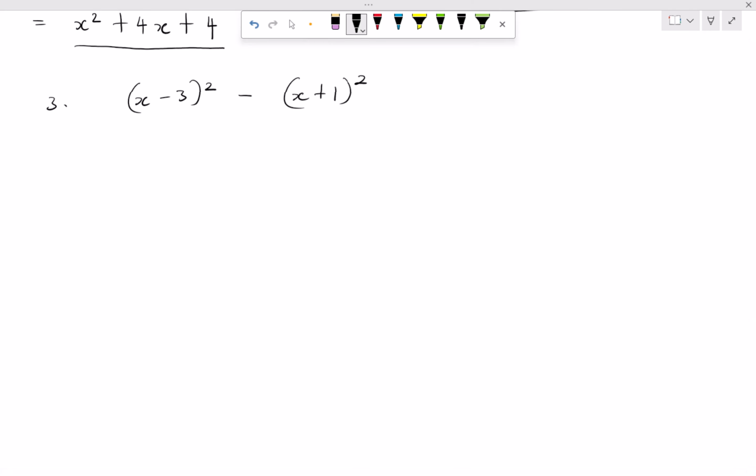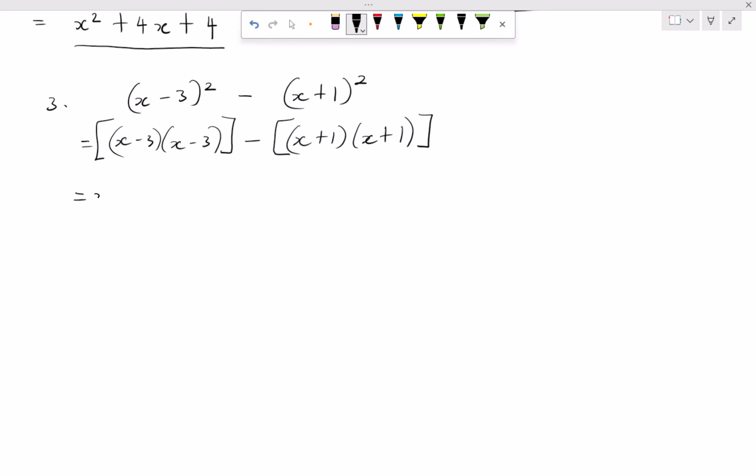So we deal with these separately before we subtract them. So we have x minus 3, x minus 3, minus x plus 1, x plus 1. We deal with this on its own and also deal with this on its own. Once we have expanded and simplified, then we put it all together.